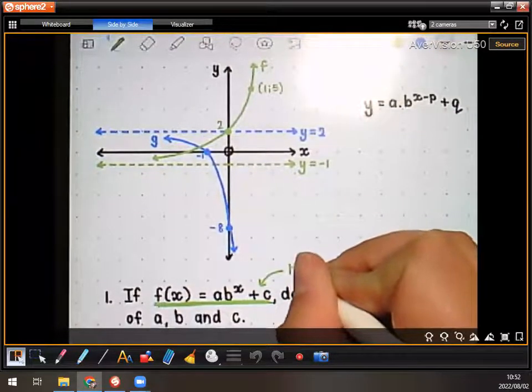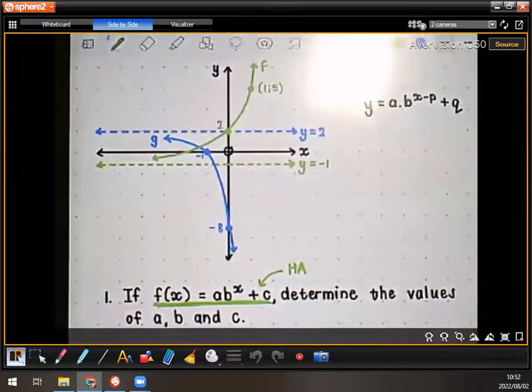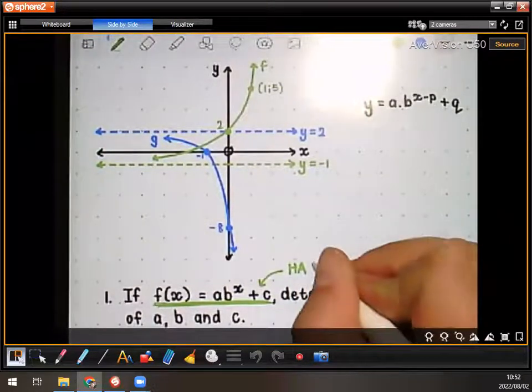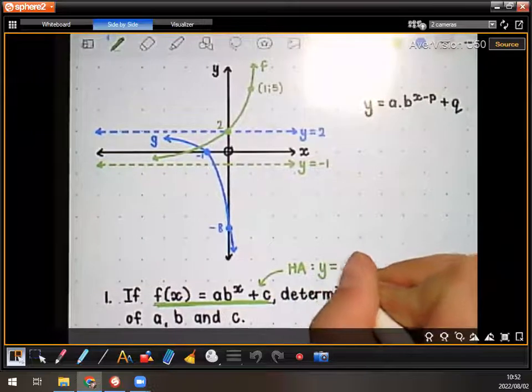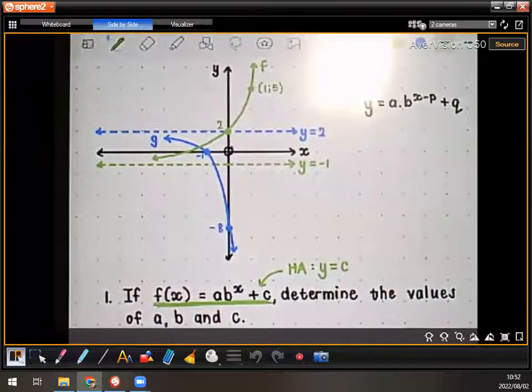This is going to be the horizontal asymptote. That is now going to be y equals c instead of y equals q. We're not always going to use the letters that we are used to. So you do have to understand it's not always q, it's actually the constant, the one that's just a number that gives you the asymptote.